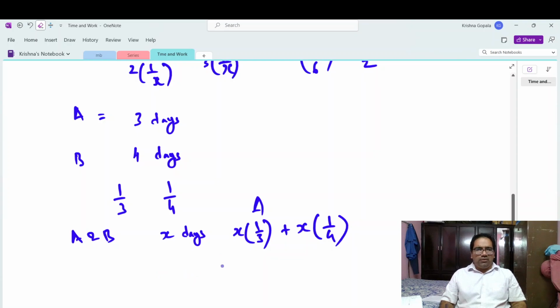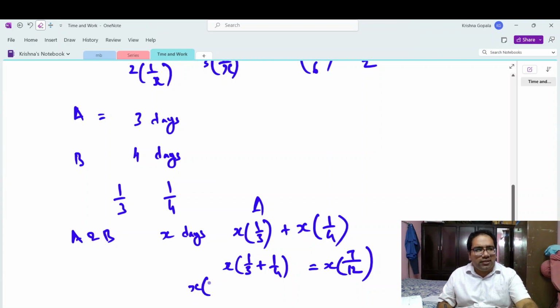So A and B together do X into 1 by 3 plus 1 by 4, that is X into 7 by 12. In X days, they will complete X into 7 by 12 of the work.